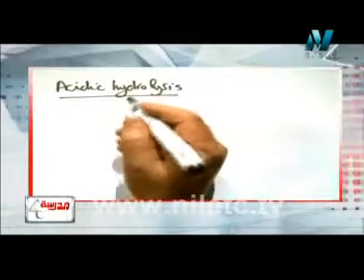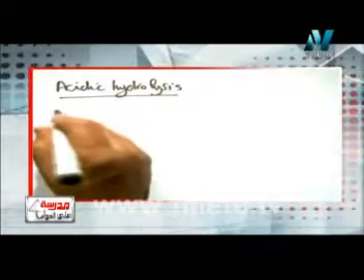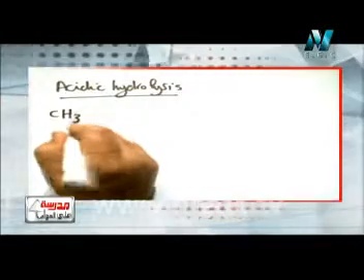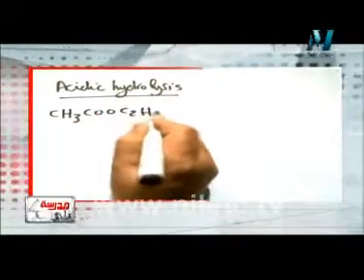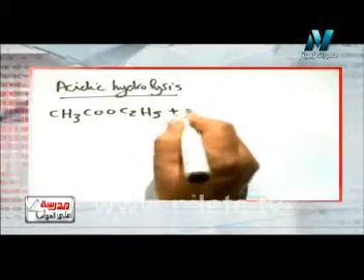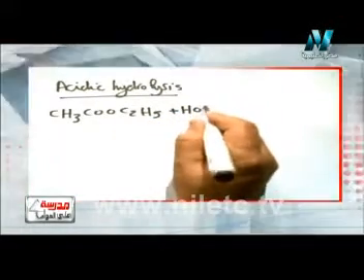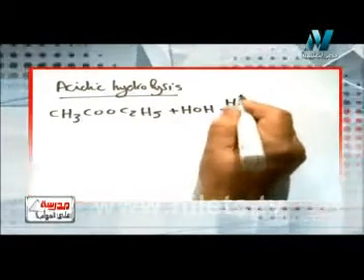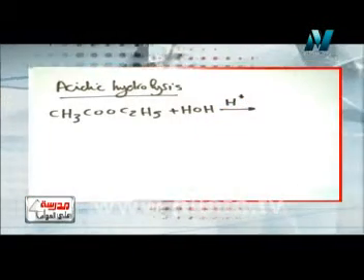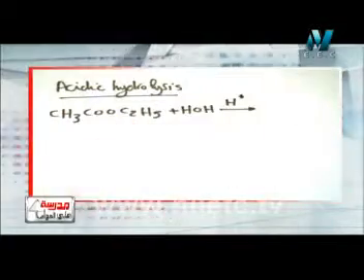About the chemical properties of the ester, for example, CH3COOC2H5 plus water, HOH, in presence of dilute acid, H positive. We call this acidic hydrolysis.